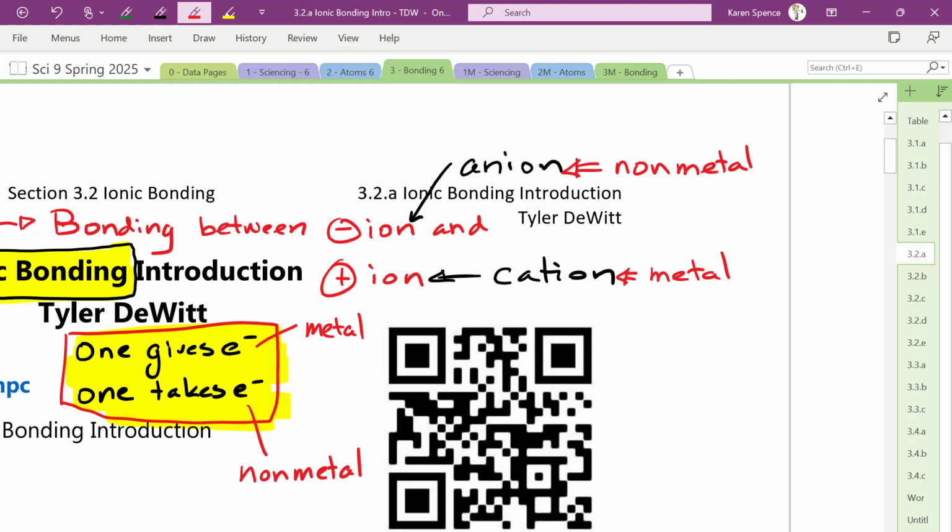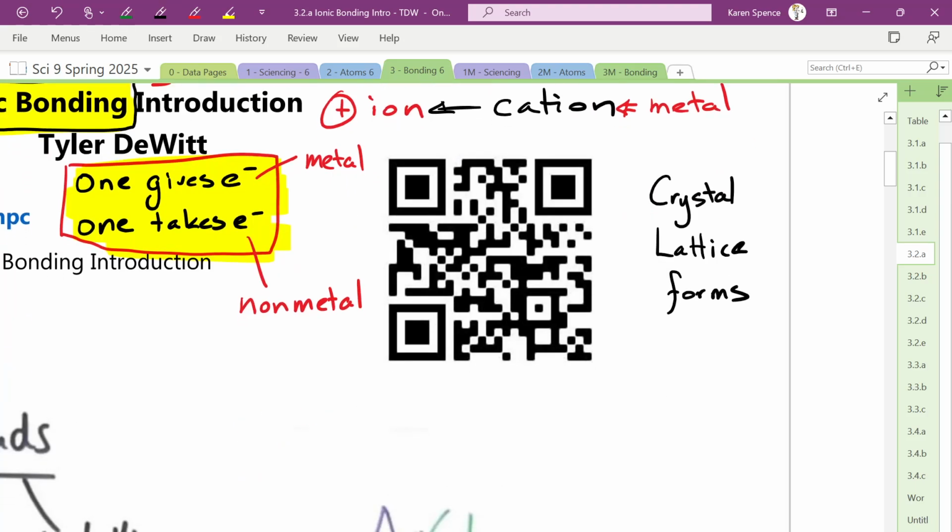Anyone remember the structure that forms? We get a crystal lattice. And remind your partner what a crystal lattice would look like. What would you have? Yeah, like that thing over there. What would we have alternating?